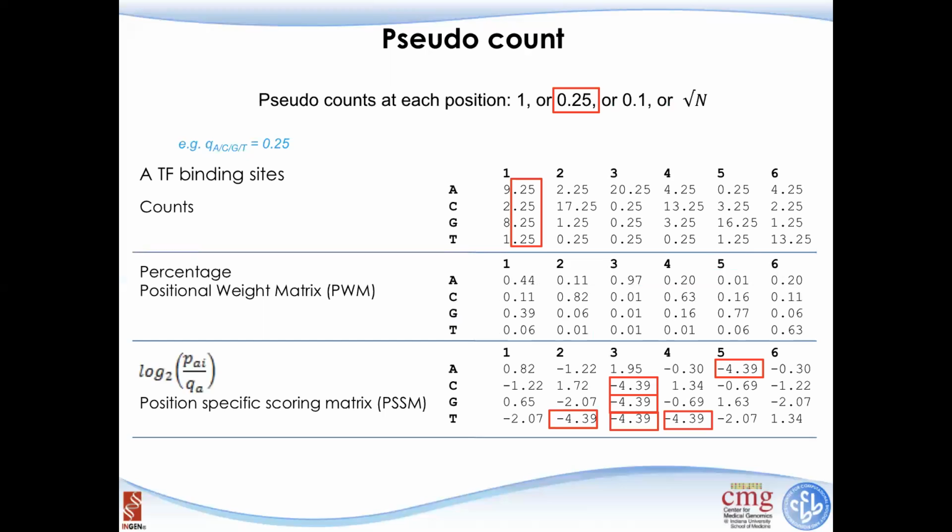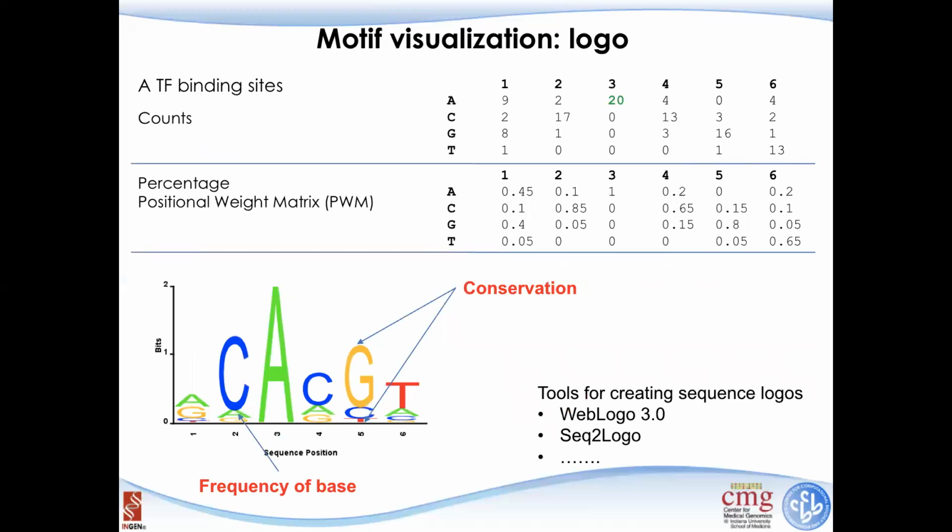Now, at the very beginning, when you saw the footprint, I showed some motif logos. But what are they? A motif logo is one way we can visualize a motif to people. What does that mean? Let's go back to this matrix and see what it represents.